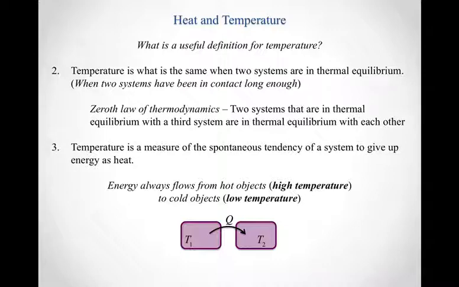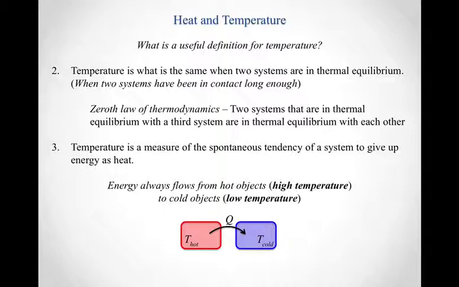We'll see that this comes from the second law of thermodynamics, but in terms of thinking about temperature, it means that if I have two systems, the system on the left at temperature T1 and the system on the right at temperature T2, and I know that energy is transferred from T1 to T2 as heat, then that tells me which one has to be the hotter temperature and which one has to be the colder.